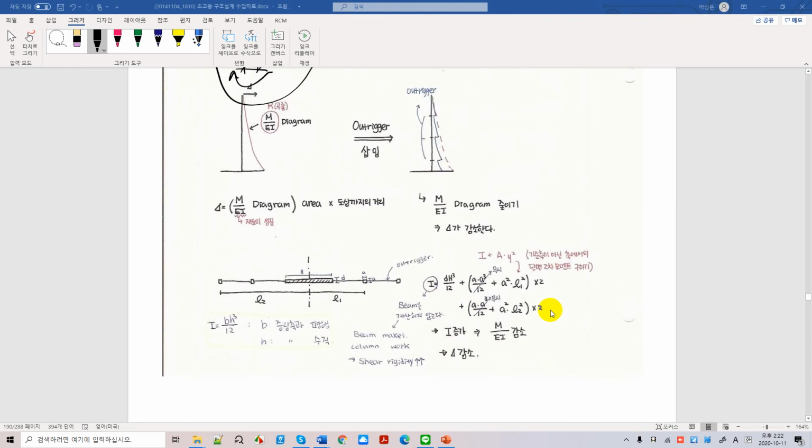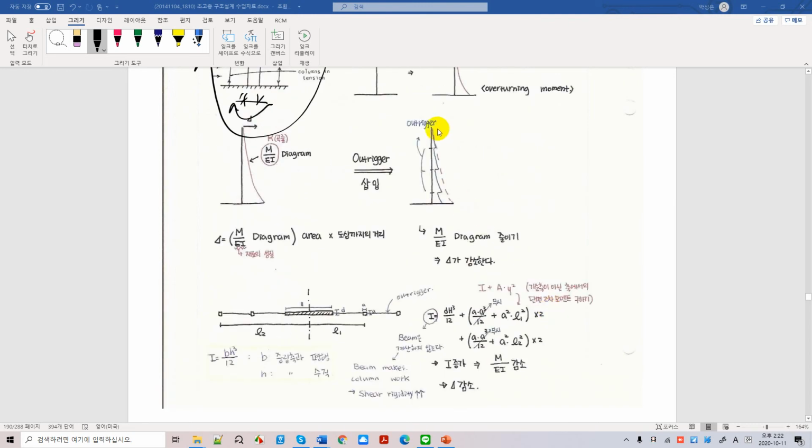So the structural analysis course tells you that the deflection on the top of the cantilever and the top of the buildings depends on your M over EI diagrams. Can you recall? Can you remember?